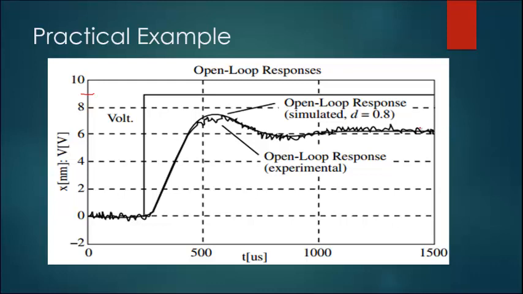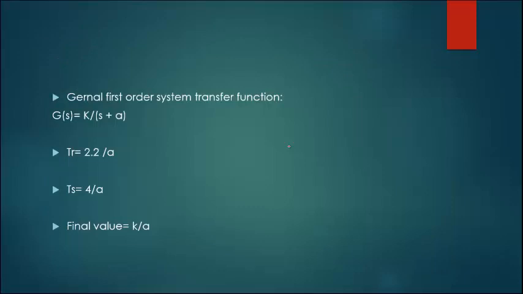And the other curve is the open loop response of the simulated system. What we did is we took the practical response, which is this one, and we did the calculations the same as for the first order system, but not using those equations, of course; using the second order system equations.